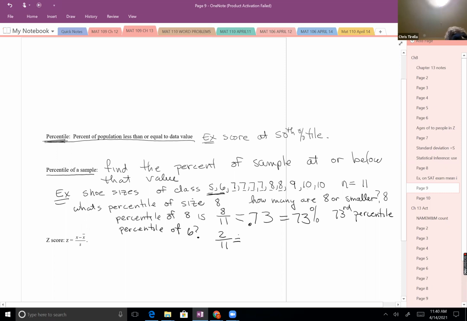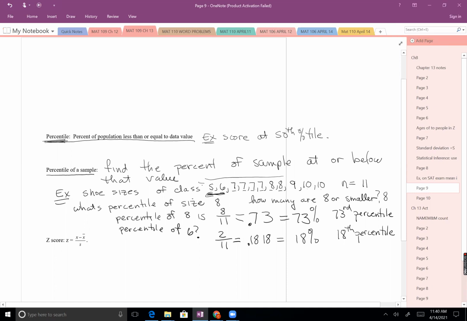And so when I take that 2 and divide it by 11, I get 0.1818 repeating. So I'd say that that's 18% or the 18th percentile. Why was it 2/11 when there's 1 size 6? Because it's 6 or lower. For size 8, we were looking at how many were 8 or smaller. Oh, okay. Thank you. Okay, so it's the number of people at or below that level.